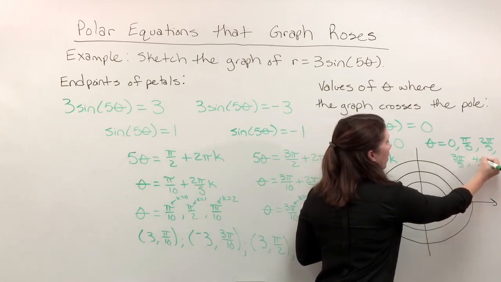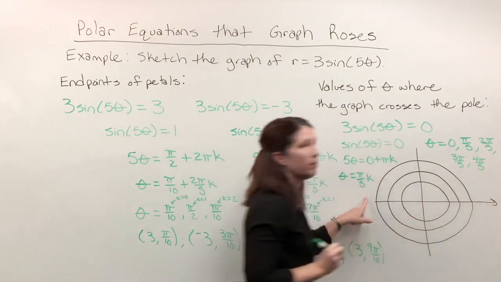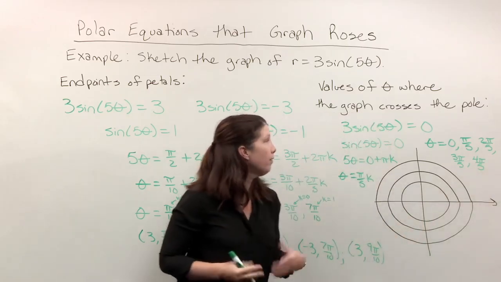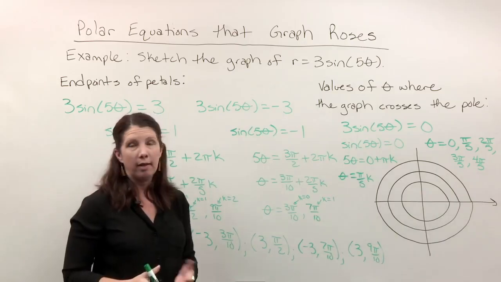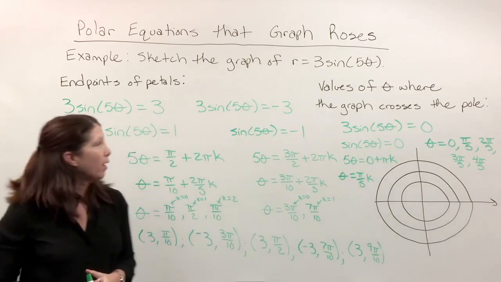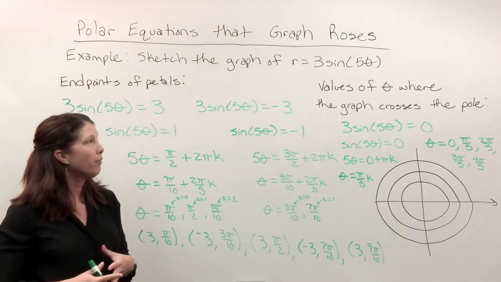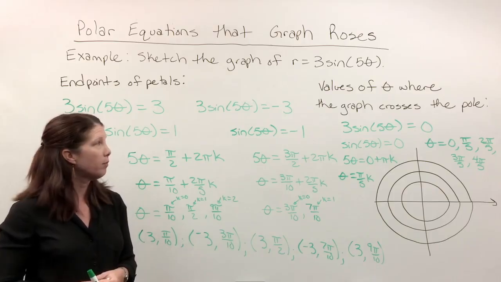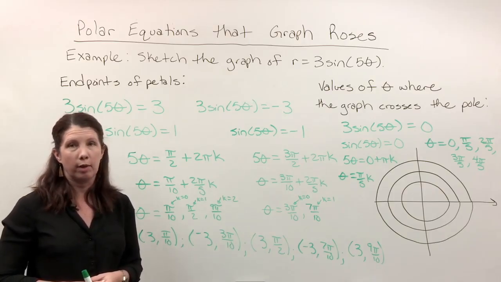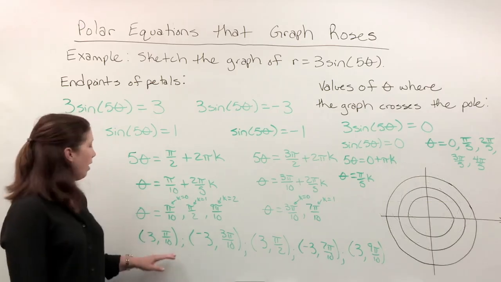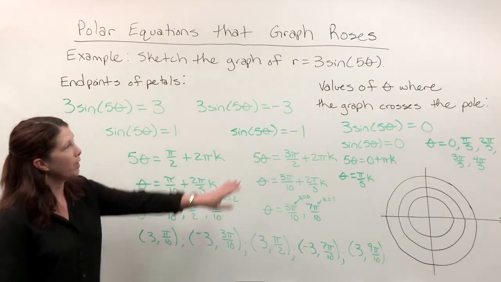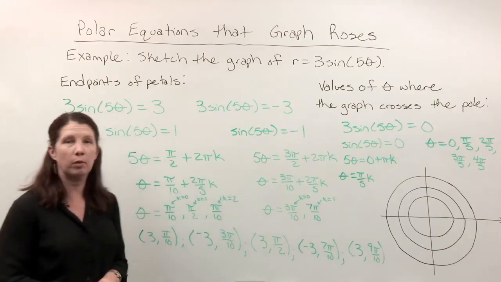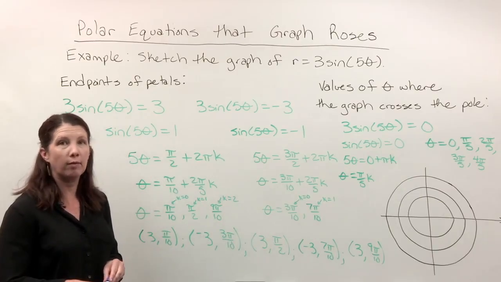And then 4 would give me 4 pi over 5. If I substitute in 5, I would get pi, which would complete the graph. But I only need to find points on the interval starting from 0 and up to but not including pi. Now that we have the endpoints of the petals and we know the values of theta where the graph crosses through the pole, we can construct the graph.